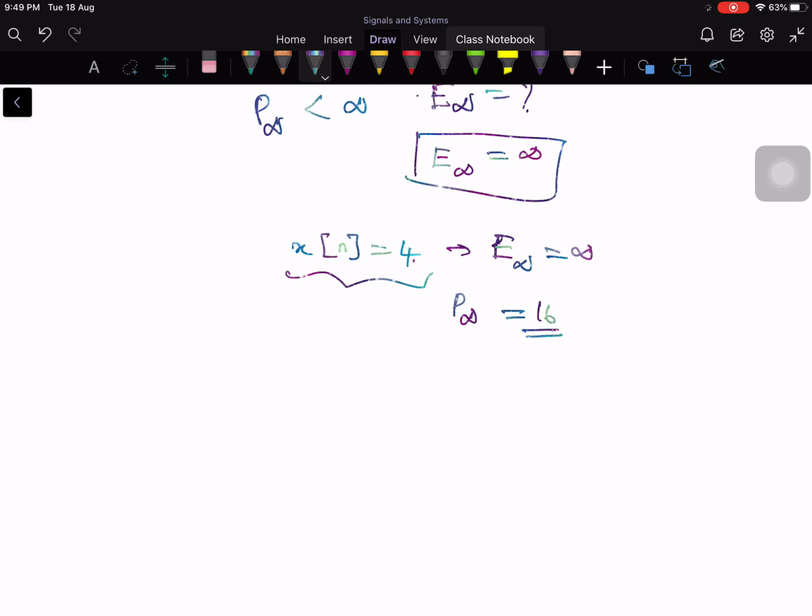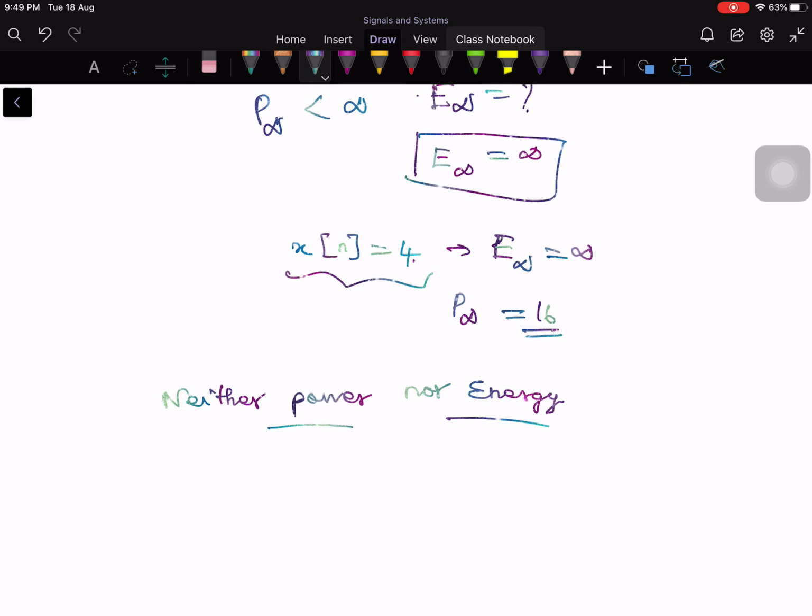And then the next one is neither power nor energy. In the previous definition, what I said is a signal is a power signal if P infinity is finite. If it is an energy signal, then energy is finite.